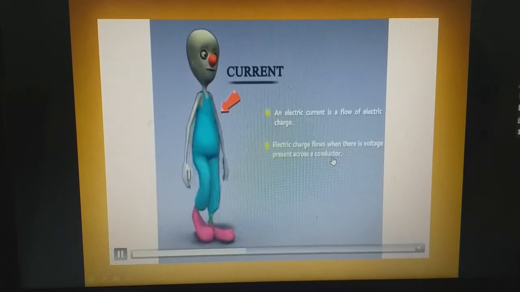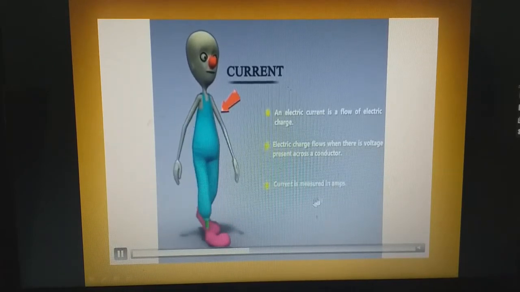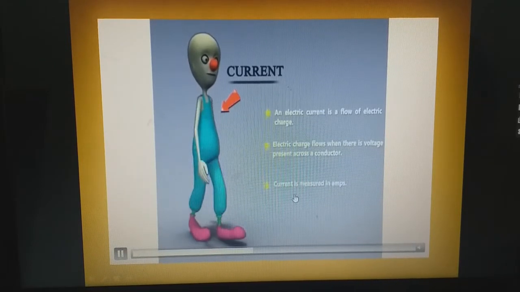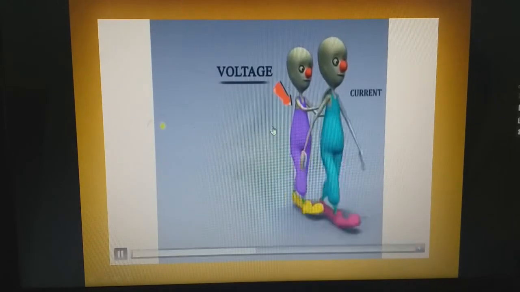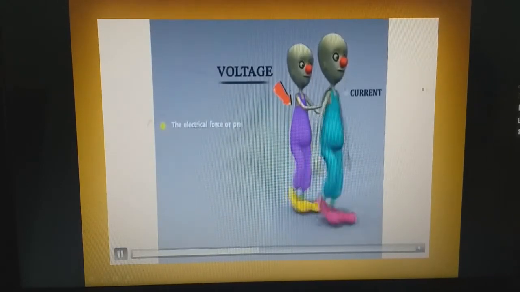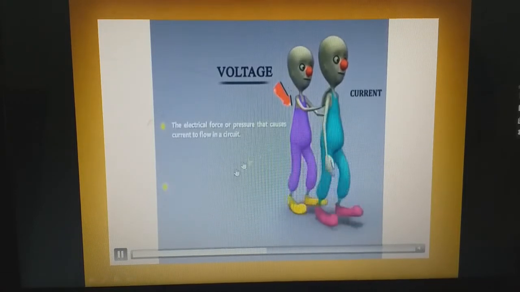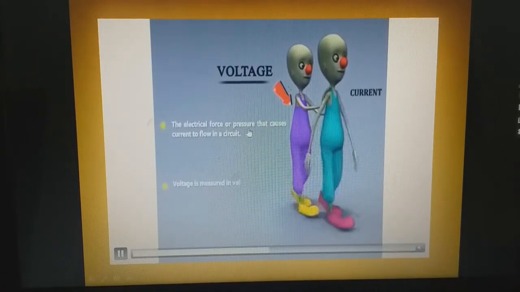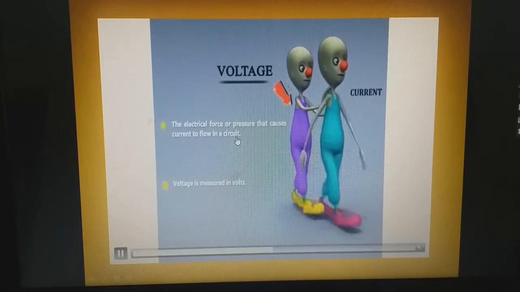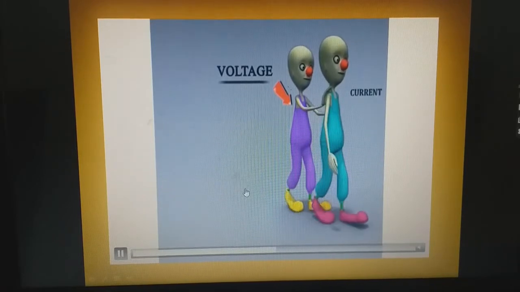Current needs energy to flow, and it is measured in amperes. Voltage is providing energy to the charge. It is the electrical force or pressure that causes current to flow in a circuit, and voltage is measured in volts.